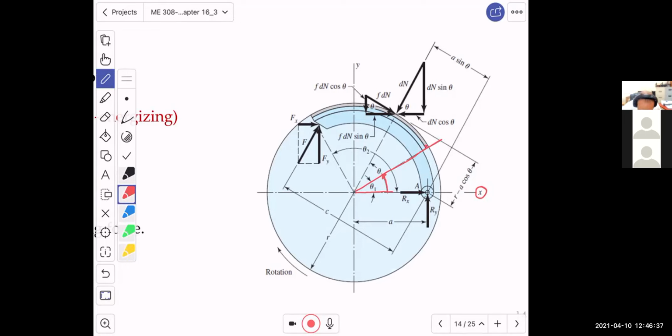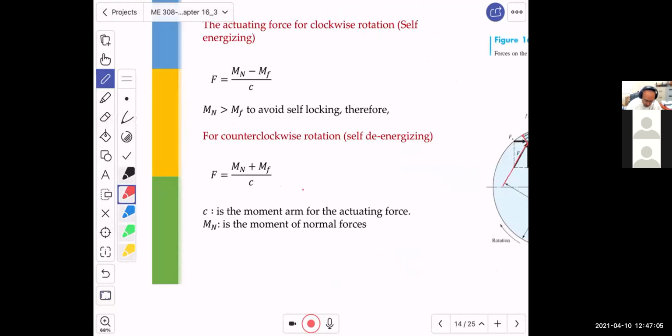And then where the gray ends here, this is theta 2. Good? Two angles. Another important parameter is this guy, which is the c. c is the distance from the pin over here all the way to the actuating force. Okay? You know these two.